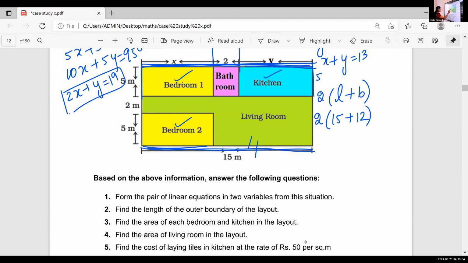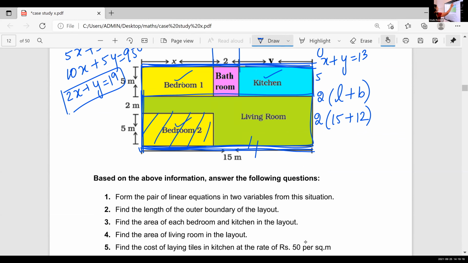From there you remove area of 1 bedroom. If you take this part, the length is 15, breadth is 7. So from this rectangle, you remove only this bedroom. Okay, you can do it in both the ways.